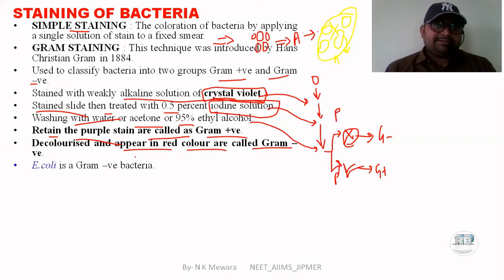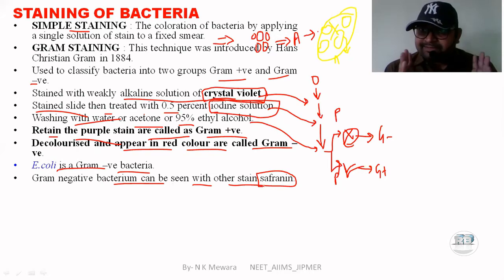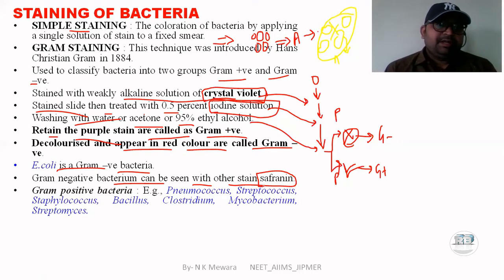Next, Gram negative bacteria can be seen with another stain, safranin. If treated with safranin, we can see them.